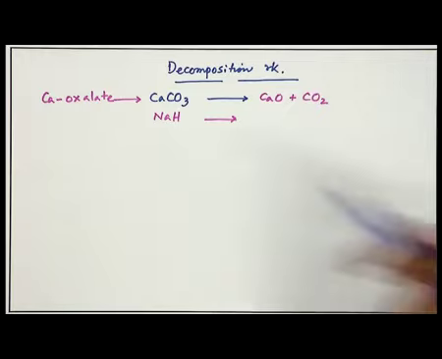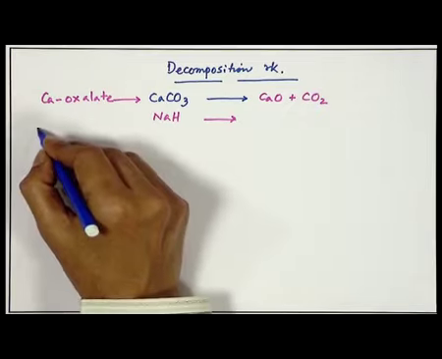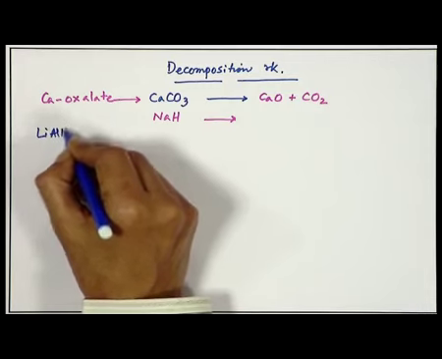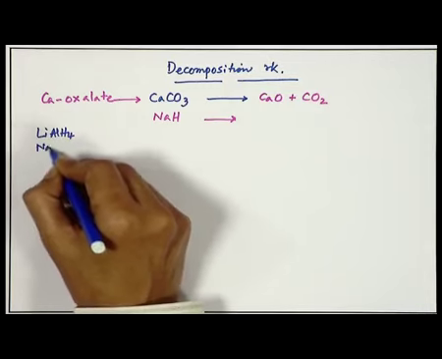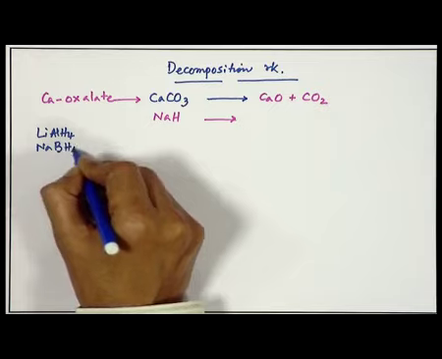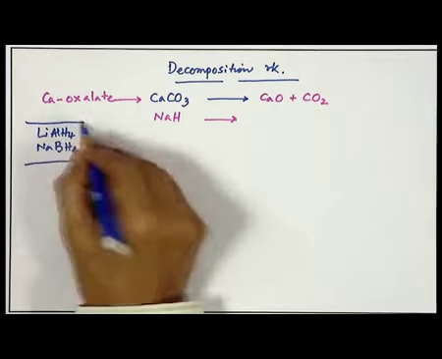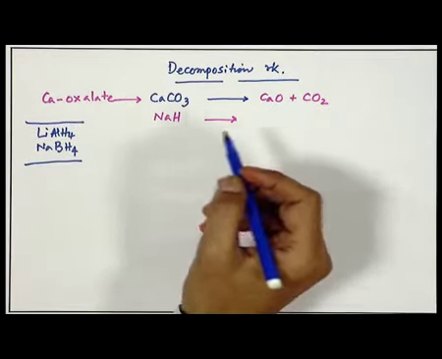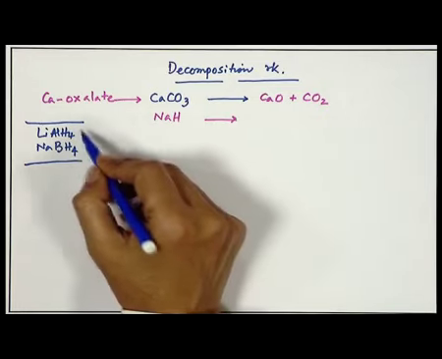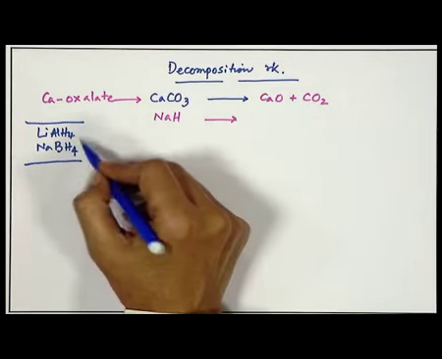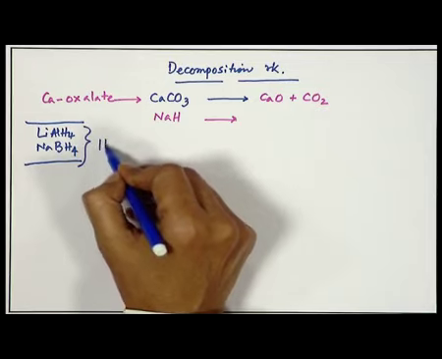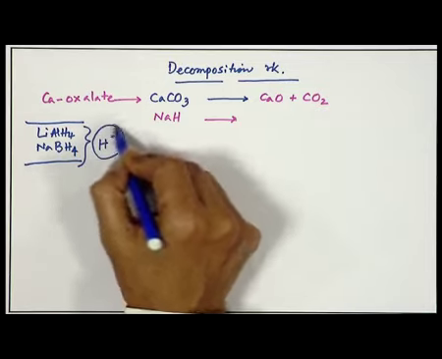In our previous class we talked about lithium aluminum hydride or sodium borohydride. So, these are the species where the thermal stability of these compounds is also important when we use them for some transformation or reduction, where they can supply hydride ions.